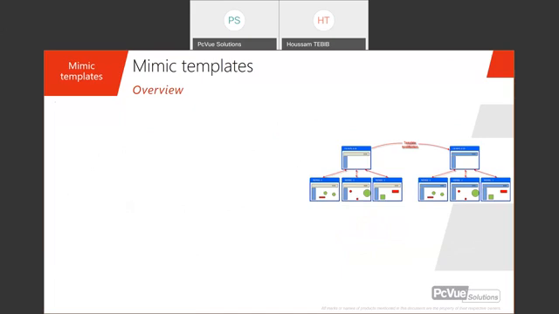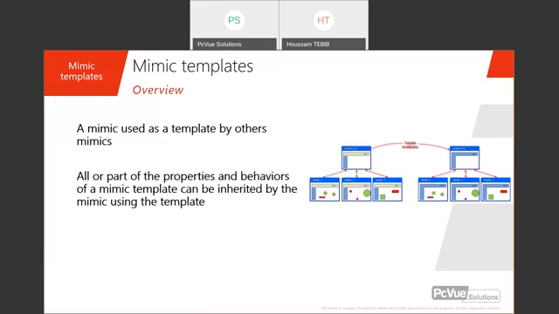Another very important feature that we have in PcVue when you create your project is the mimic templates. Basically, a mimic template is a specific mimic that can be used by other mimics. When you create a new mimic, you can apply all or just a part of the properties and the behaviors of a template mimic.